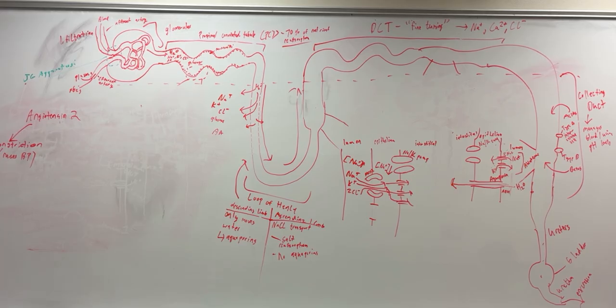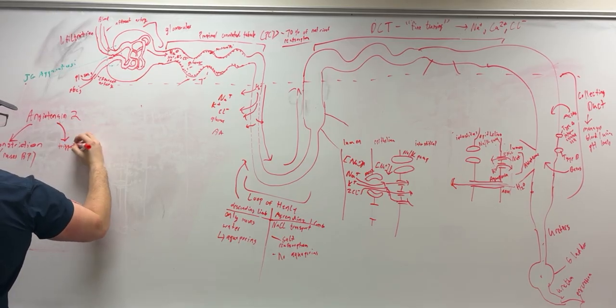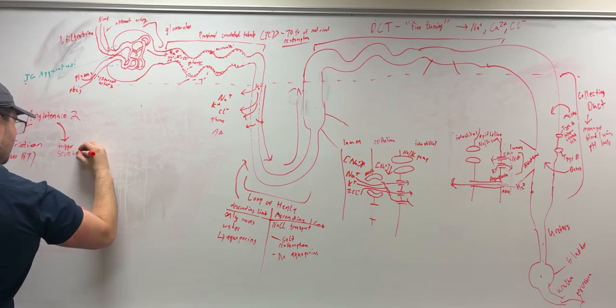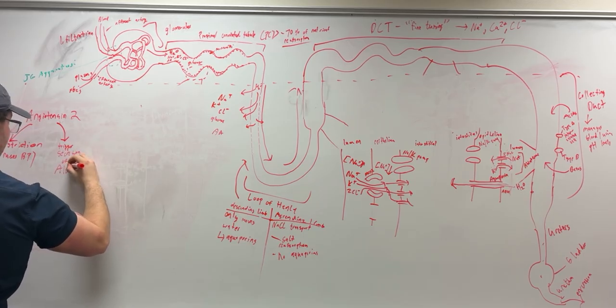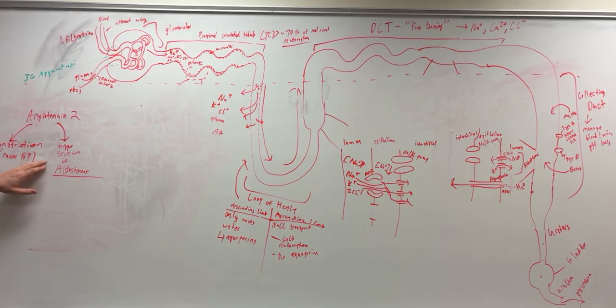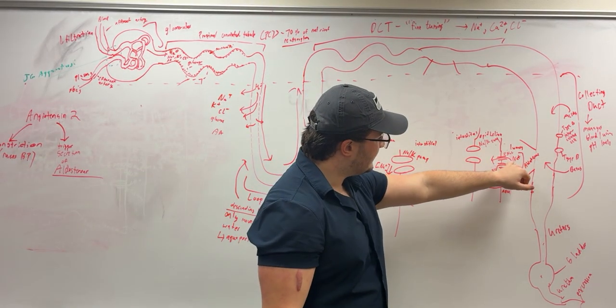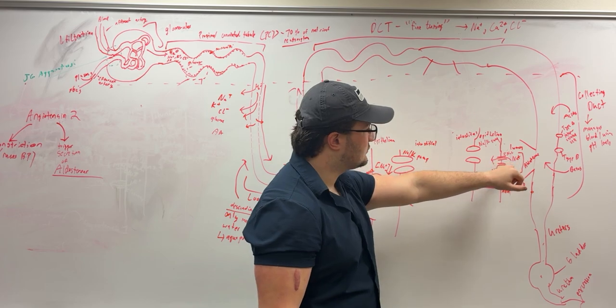But remember, the other issue was we might not have enough salt in our blood. So the next thing that angiotensin 2 can do is trigger the secretion of aldosterone. Aldosterone is the second sort of effector of angiotensin 2. You remember we mentioned aldosterone over here in the collecting ducts as a way to upregulate sodium reabsorption.